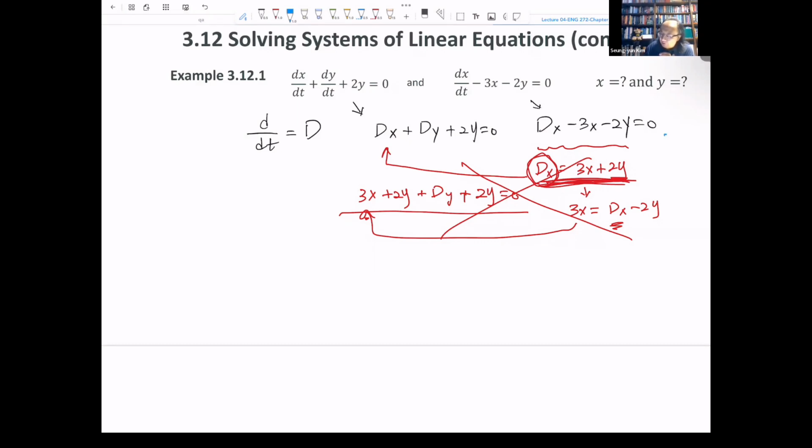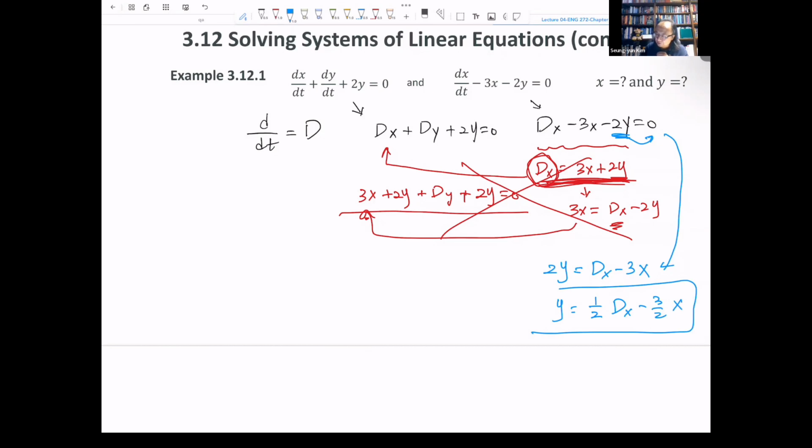However, if I move 2y to the other side, now we have 2y equals Dx minus 3x. Now y equals only x terms. So this is the good example. You should let y equal all the x terms. y equals 1 over 2 Dx minus 3 over 2 x.